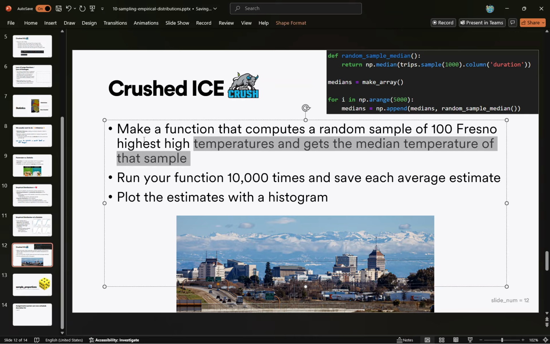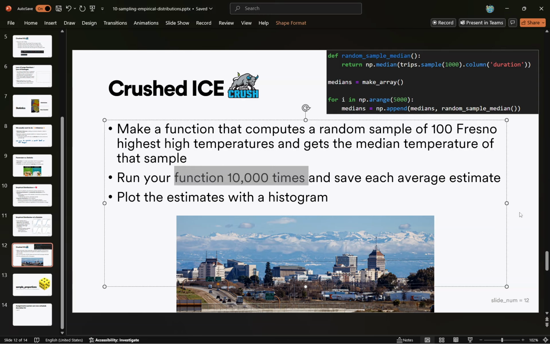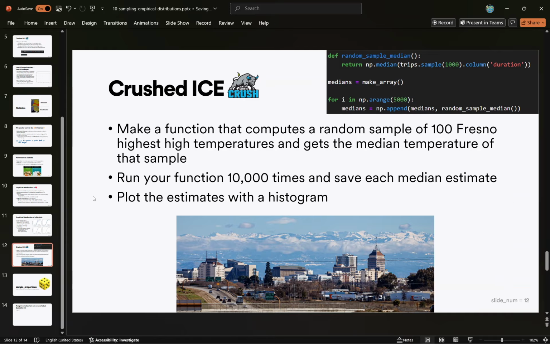I'd like you to take that function that you made that gives you back a median value for your sample of size 100. I'd like you to run it, please, not 5,000 times like I did here, but 10,000 times so you can see the difference. And save each median estimate, and try to see what the spread is.